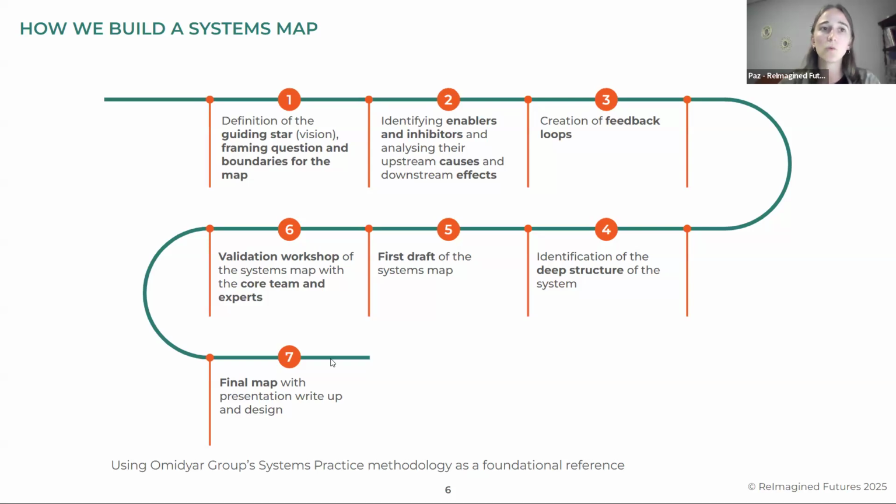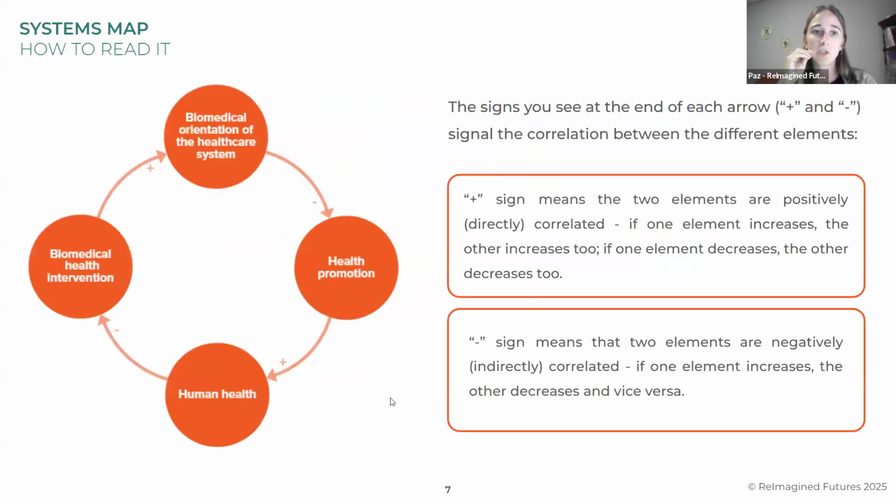Then, how do we read the map? As I told you, the feedback loop is the building block of the systems map. It is composed of elements, which are the circles, and the arrows, which are the connections between these elements. And these arrows show the causality between the elements. And we have the pluses and minuses.